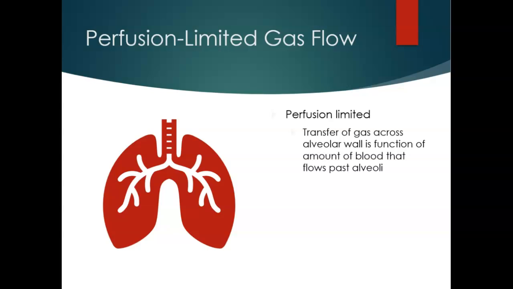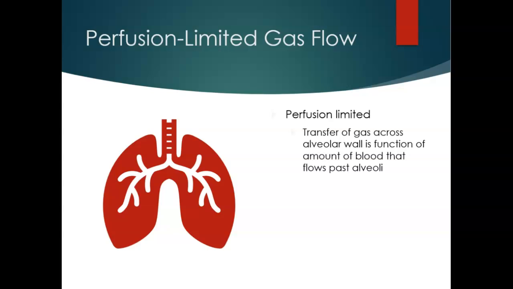So when we talk about diffusion of gases, you have to have ventilation and you have to have perfusion to have this happen, right? You need to have oxygen coming in to the alveoli and blood passing by that alveoli to have something for the gas to diffuse into.